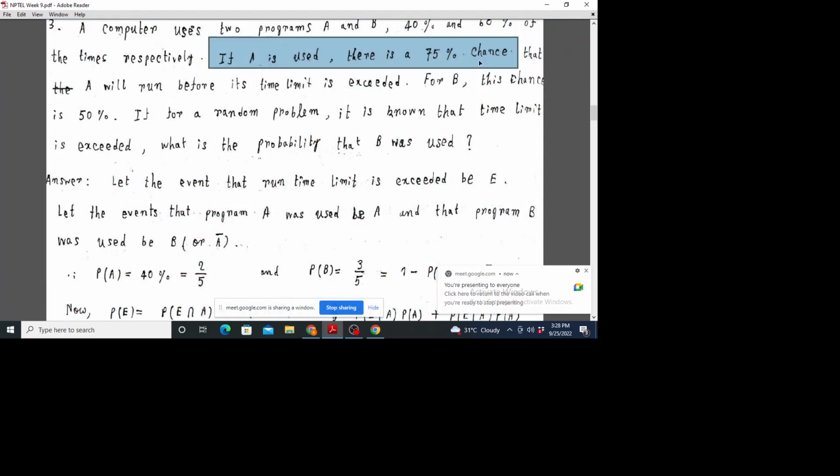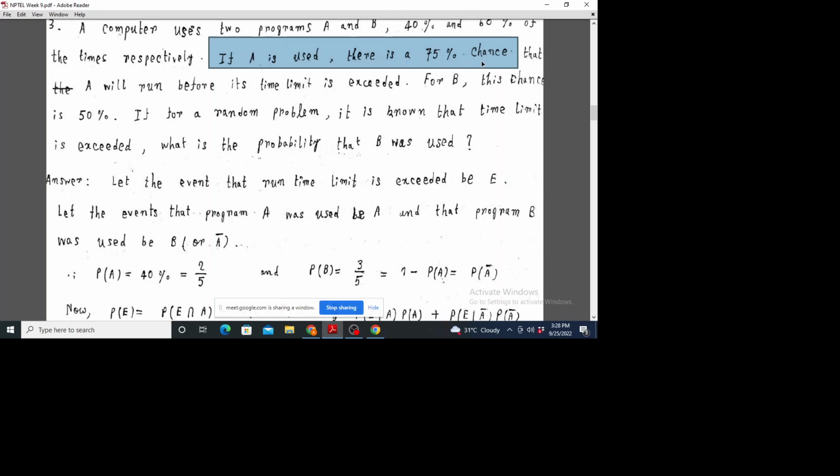You have to look at this language very carefully. If A is used, there is a 75% chance that the time limit will not be exceeded, given A has been used.